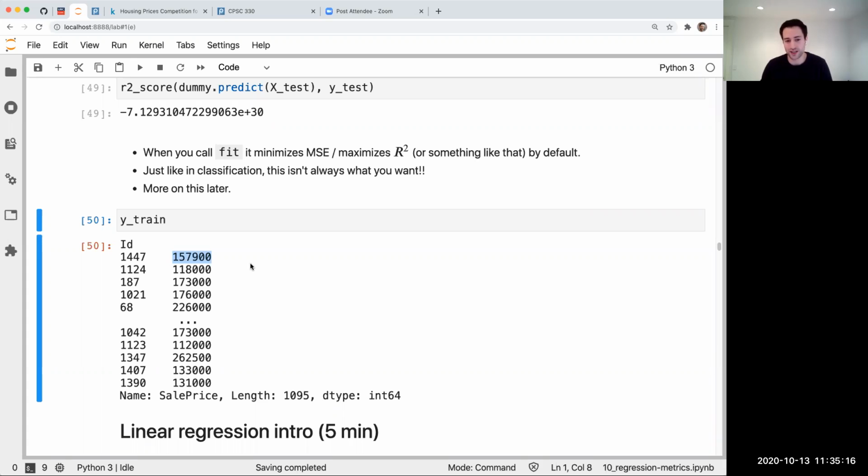It's just that the way that R squared is defined, it happens to be possible to be negative if you have horrible predictions, but it's not really particularly special. You can just think of it as a little bit worse than 0, and both are pretty bad because dummy classifier and dummy regressor are in general pretty bad.